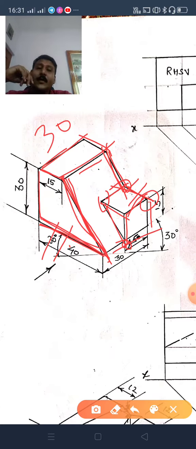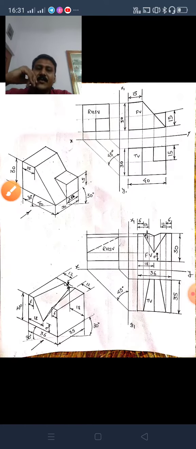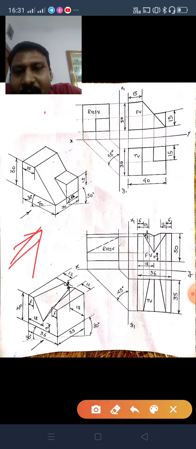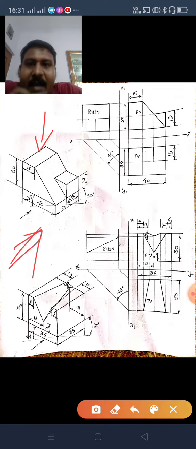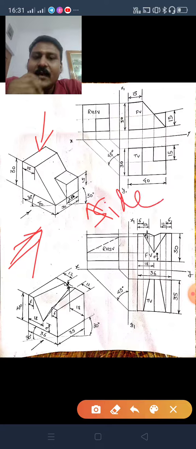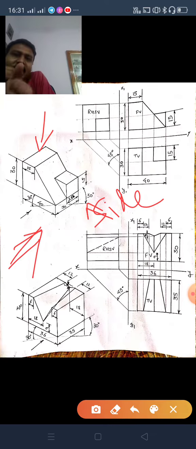Now you have to transform this three-dimensional figure into a two-dimensional figure. Since the arrow is given here, this is the front. If this is the front, obviously this is the top, and definitely beside this there is a side view. So this is the side view. If this is the front, you are seeing the object from here.